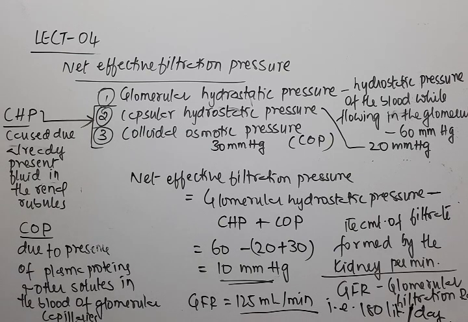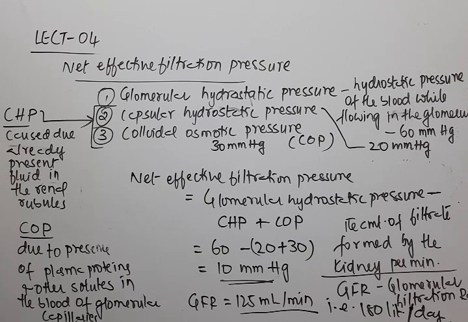Next, that's about how the glomerular filtration takes place, which we also call ultrafiltration. Almost all the substances except the plasma proteins will not be filtered, and blood cells will also not be filtered.